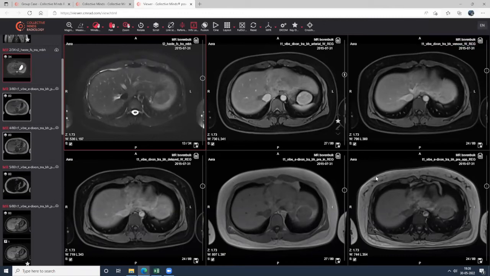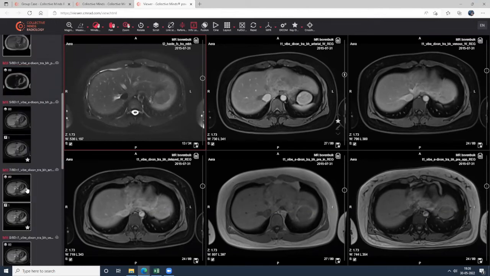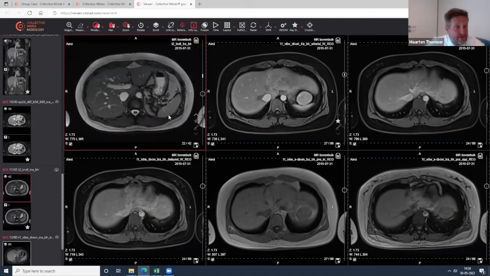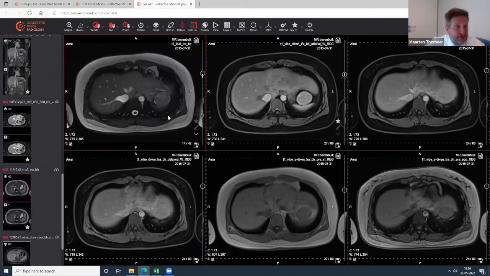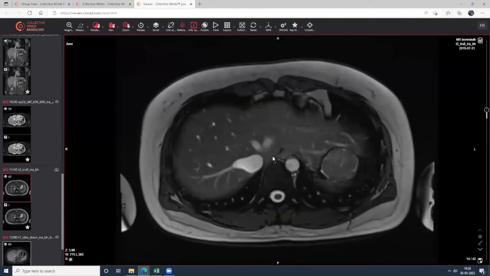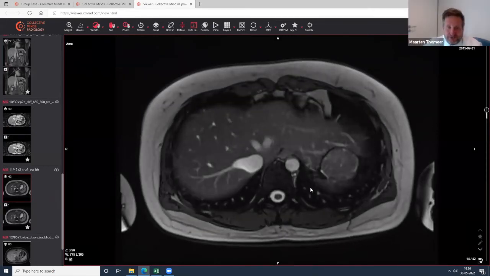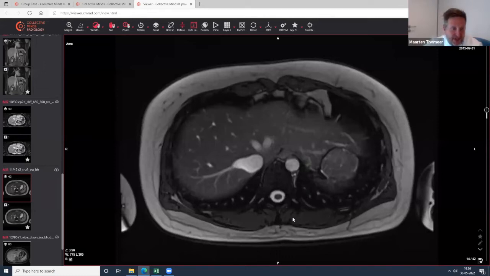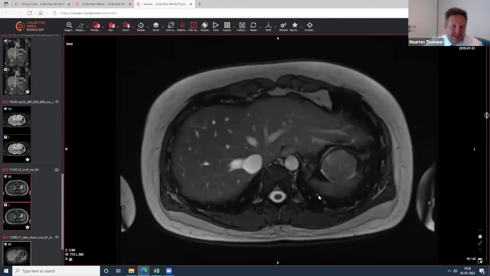If I remember well, there's also a true FISP in it, which is sharper if you're looking for a scar. But I always say to my residents, don't use this sequence because it's not a real T2. It's T2 over T1. The TR is around 5 or 6, and TE is half of the TR, so you really miss lesions.